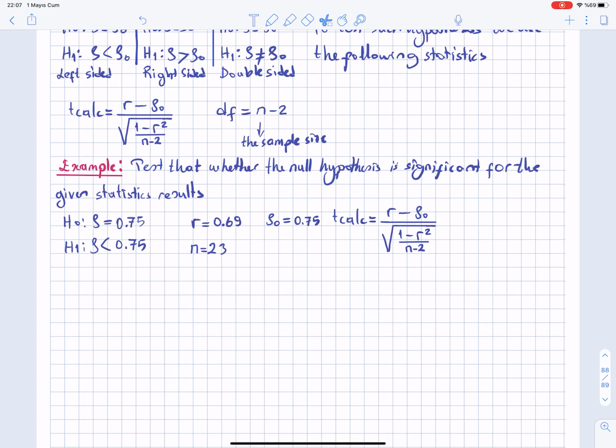It equals 0.69 minus 0.75, divided by the square root of 1 minus 0.69 squared, divided by 23 minus 2.